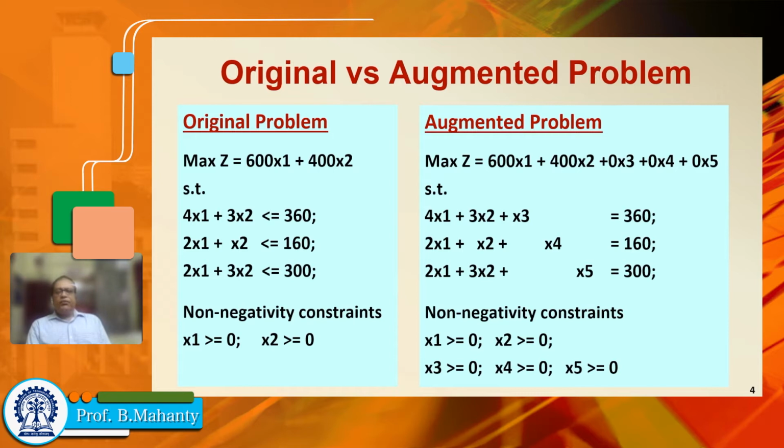So x3, x4 and x5 are said to be in the basis, and x1 and x2 are said to be the non-basic variables. We also know that the variables in the basis form an unity matrix, that is 1 0 0, 0 1 0 and 0 0 1, and that is said to be the canonical form of the constraints.